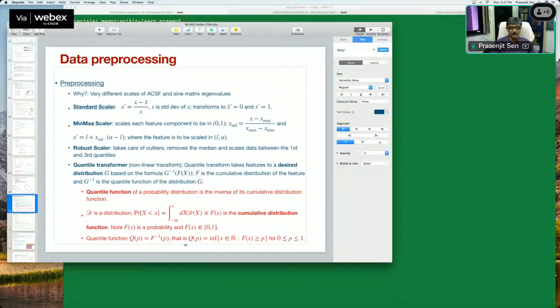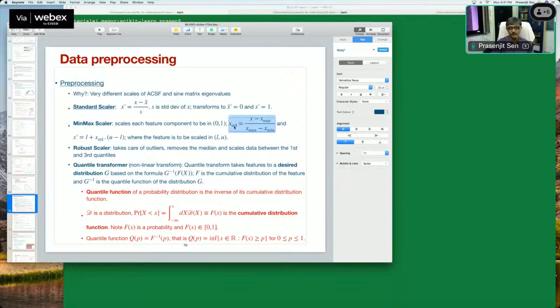Then the other commonly used preprocessor or transformer is the min-max scaler, where you can transform your data to a set where it is scaled between 0 and 1, or you can scale it between some range u to l.